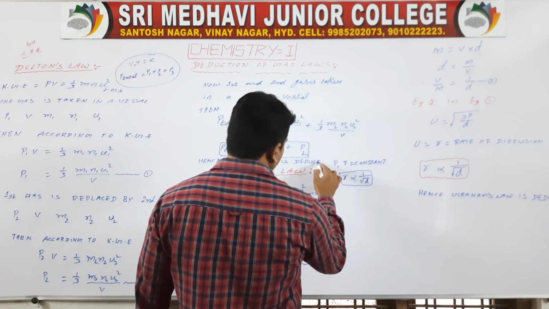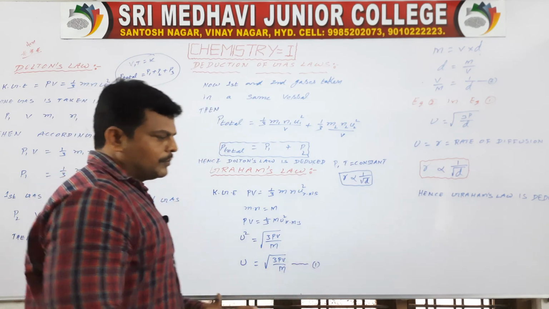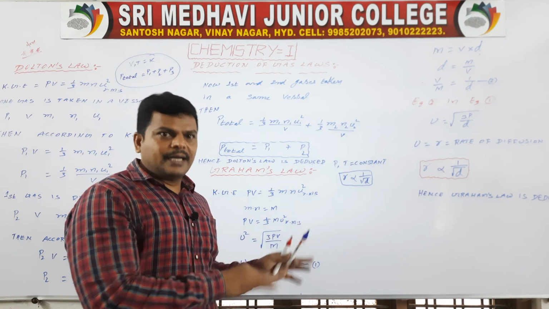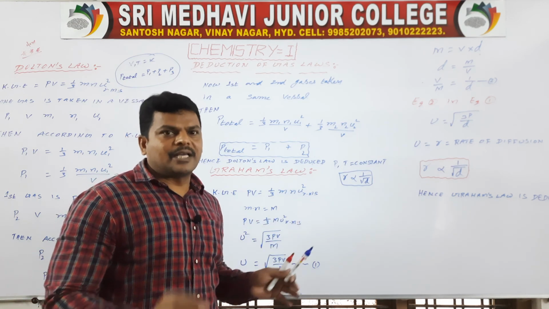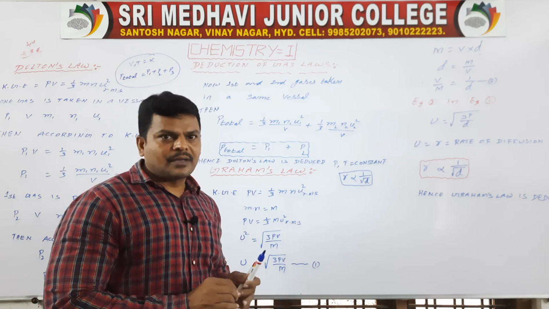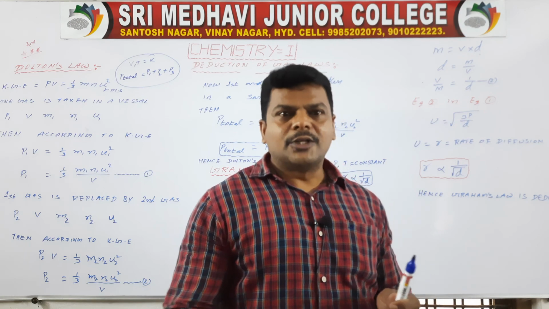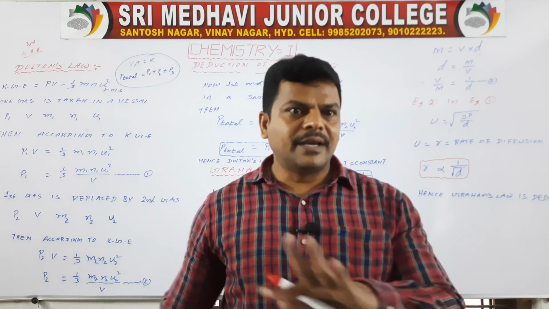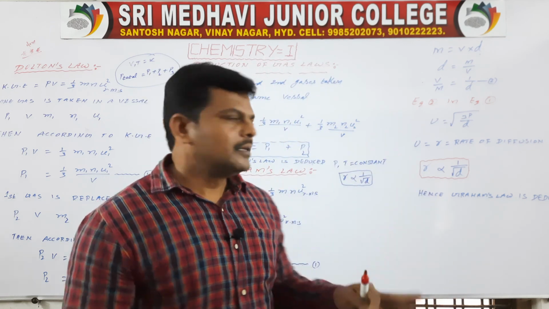Okay. So this is a problematic part. So BPC students, carefully listen and carefully practice. This is a problematic part, especially for BPC students, who are taking BPC due to fear of mathematics. They should practice carefully.